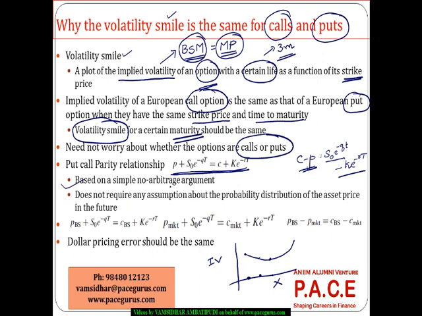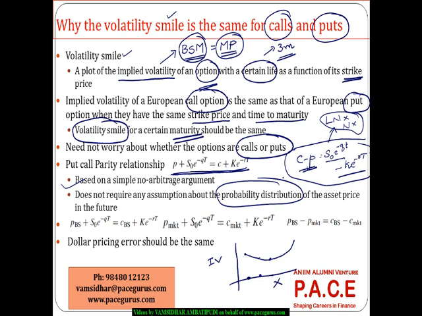And the reason it's a very important relationship for us is that it does not make any assumption regarding the probability distribution. It does not say this formula is applicable only when the stock price follows a lognormal distribution or a normal distribution. Nothing is required. This is a universally accepted relationship.